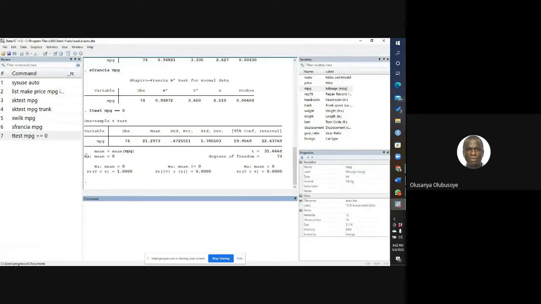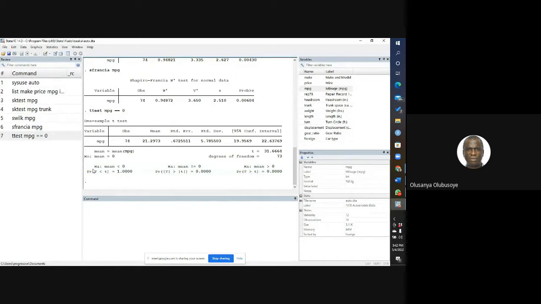The way I've put it, this is the test, which means I'm testing H0 whether the mean is 0, which means not significant. So this is the computed t-value, and this is the degree of freedom, which is 74 less 1. And these are 3 possible alternatives that you can choose from.